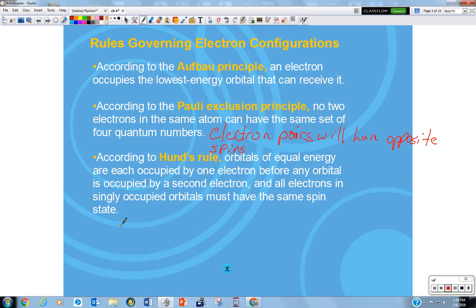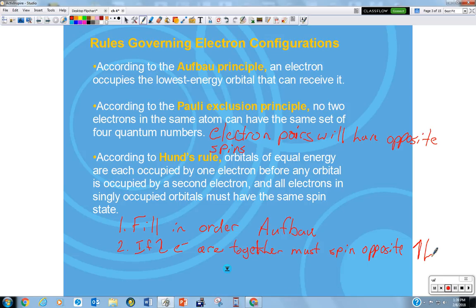So basically, fill in order is Aufbau. Second, Pauli is saying if two electrons are together, they must spin opposite.